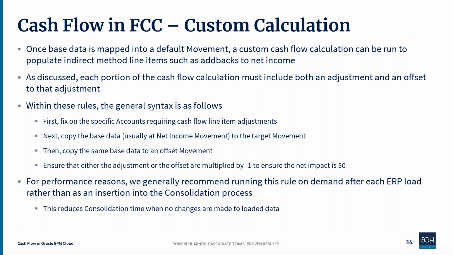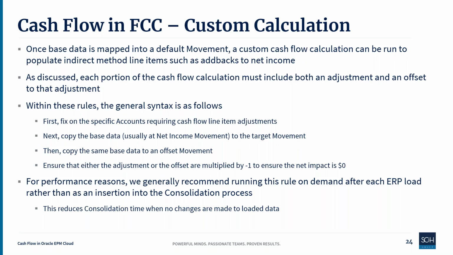Basically, you're going to fix on your account. So for each account that needs to be adjusted in your cash flow statement, you're going to copy that data to the appropriate movement that it needs to be added to, and then put that same data to an offset multiplied by -1. So in total, your net change is 0, while you see that data in all of the movements it needs to be represented within.